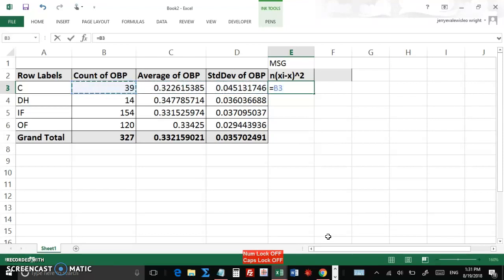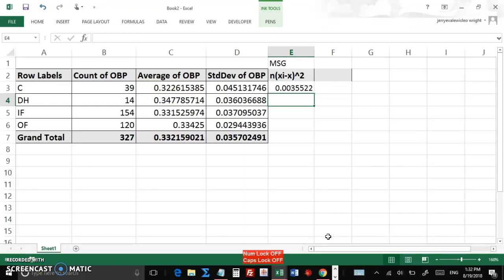It's in cell B3. Times that by the mean of the first group, which is in cell C3, minus the overall mean, which is down here in cell C7. Let's put dollar signs on that one because F4 will do that, because I don't want that number to change when I copy this down. And then square the whole thing.